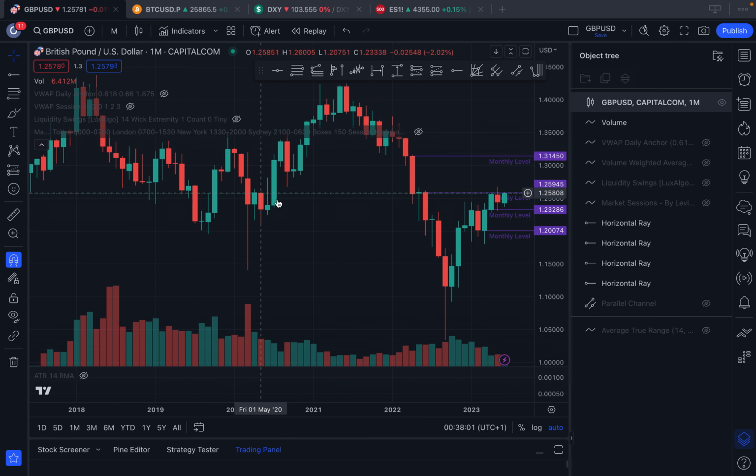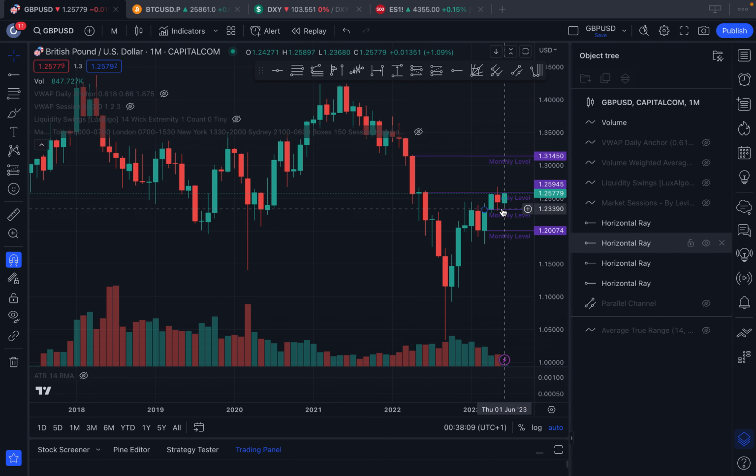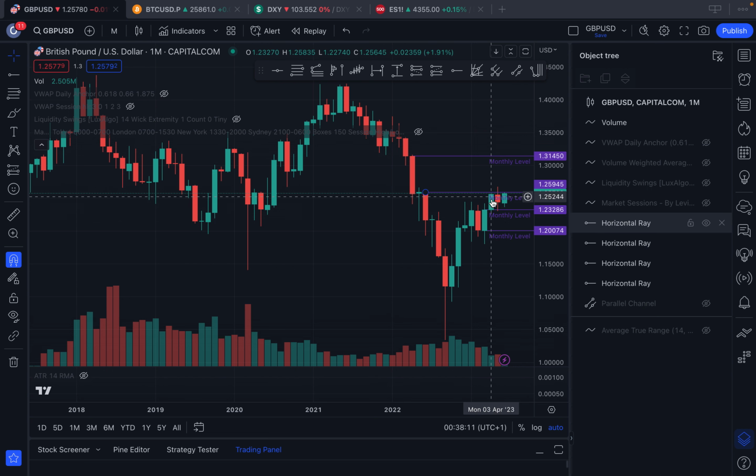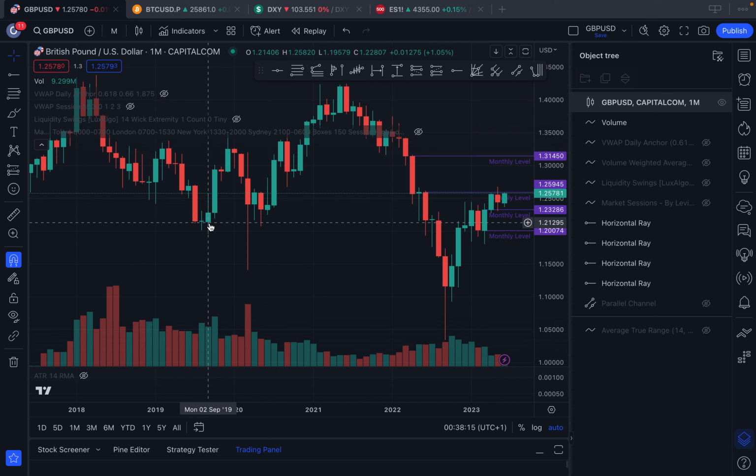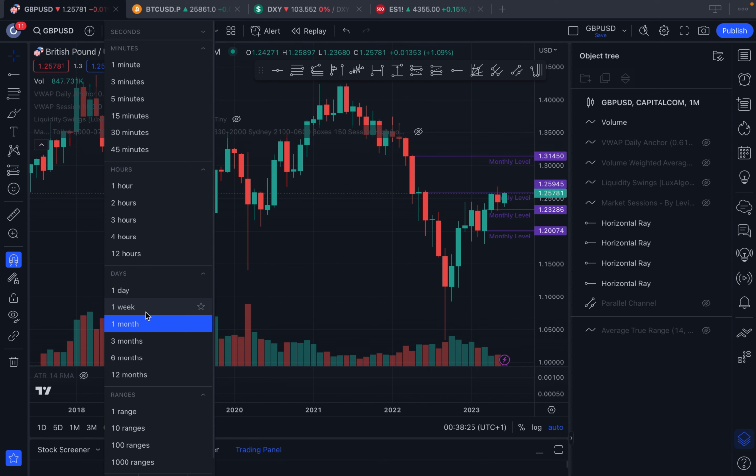We've got this one here, which comes just above this monthly, so it has been tapped because we've got this nice clear monthly trough. So I don't think there's any point marking that one. There's one below in the middle as well, this one here. We've gone through it, so I don't think it's worth it.